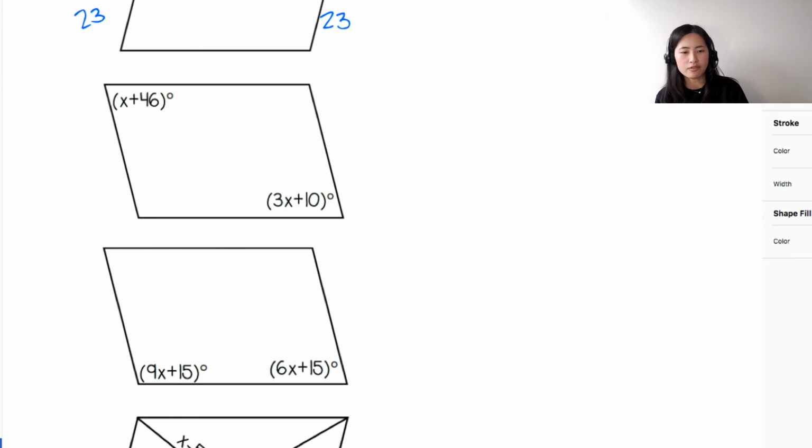Okay, so we have a couple of parallelograms here. Remember, because this and this are opposite to one another, they are equal to one another because they're congruent. So this is x plus 46 and this is equal to 3x plus 10.